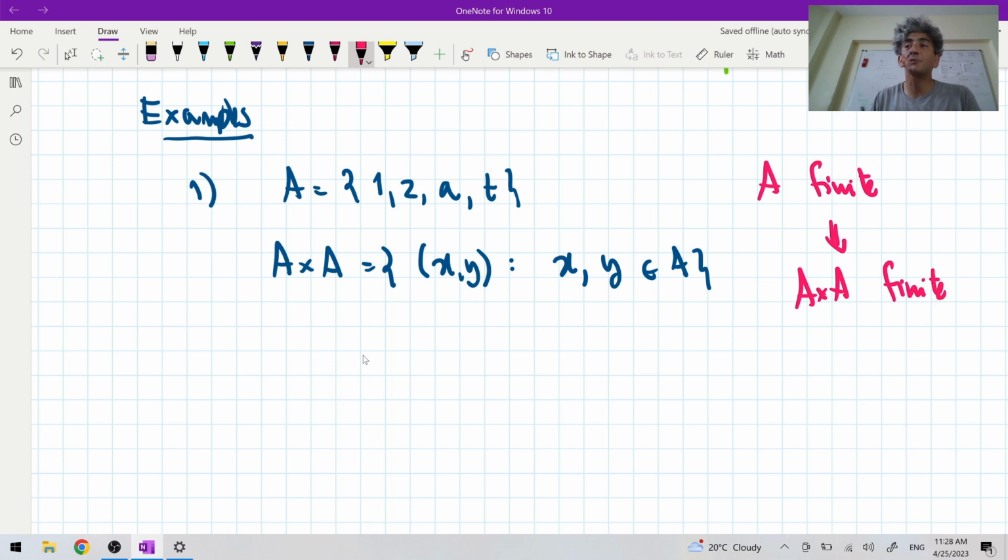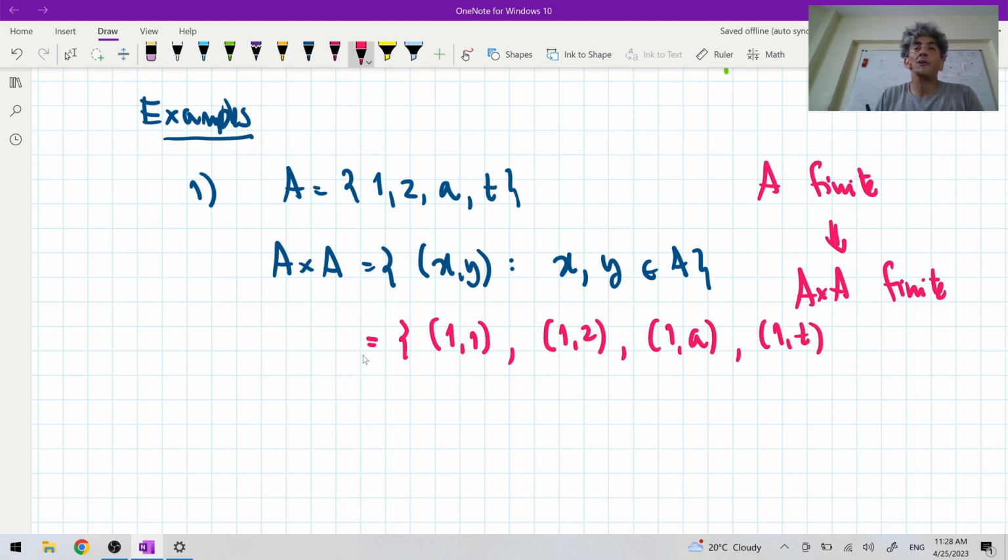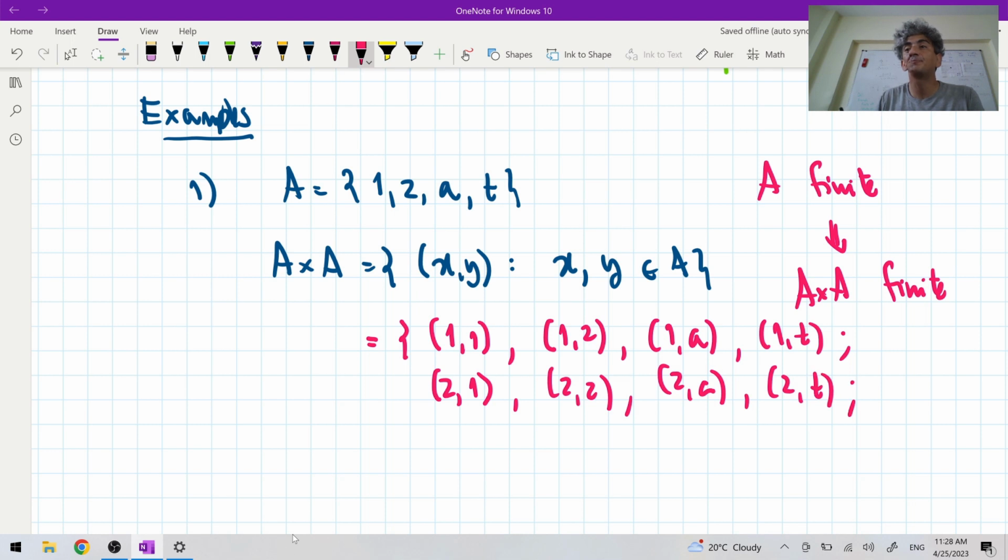And in this case, we can actually list what A times A is. It's simply a matter of displaying the elements one by one. In this case, (1,1), then we have (1,2), (1,A), and (1,T). These pairs belong to the square, right? So then you have the pairs beginning with 2. So the pair (2,1), pair (2,2), pair (2,A), and the pair (2,T), right?